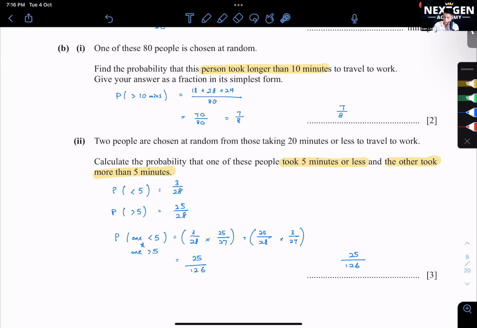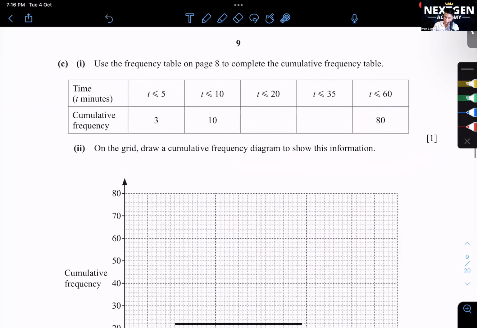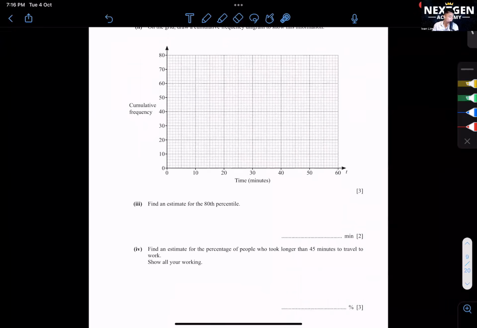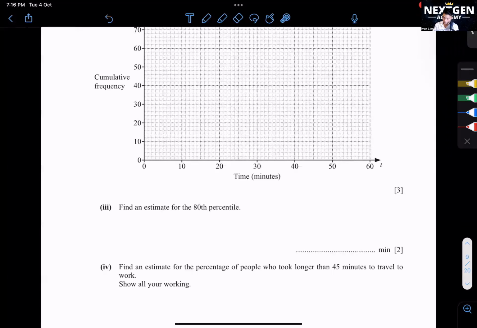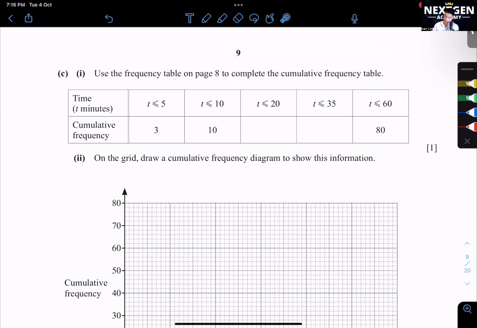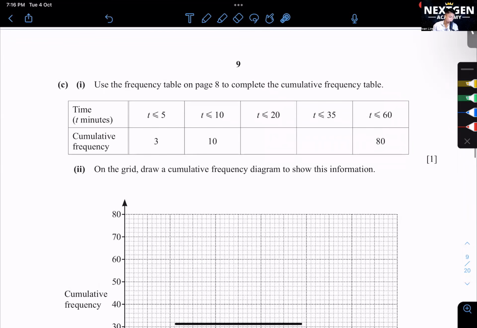Okay, next one. This one is very important. All your graphs in statistics. 9.1, I want you all to take note. What are the statistics graphs that you all need to know? You need to know how to calculate your mode, median, mean.